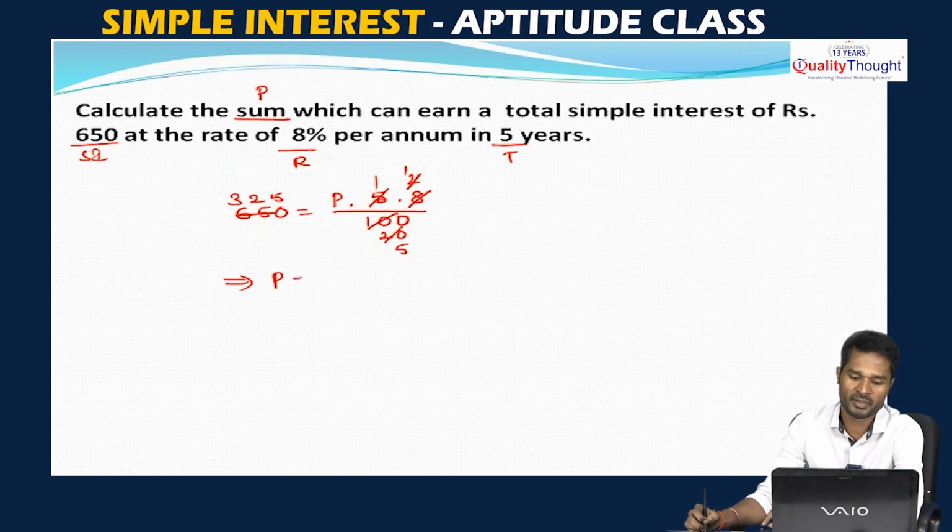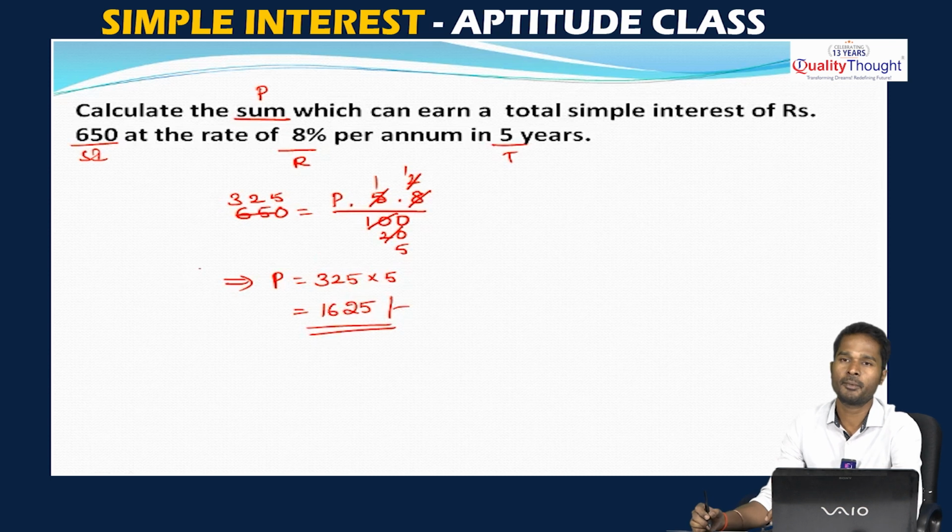So the value of P will be equal to 325 into 5, cross multiplication. 25 5s are 125. 5 2s are 10 plus 2, 12, 5 3s are 15 plus 1, that is 16. So the principal amount which earns a simple interest of rupees 650 at 8% rate of interest after 5 years is 1625 rupees.